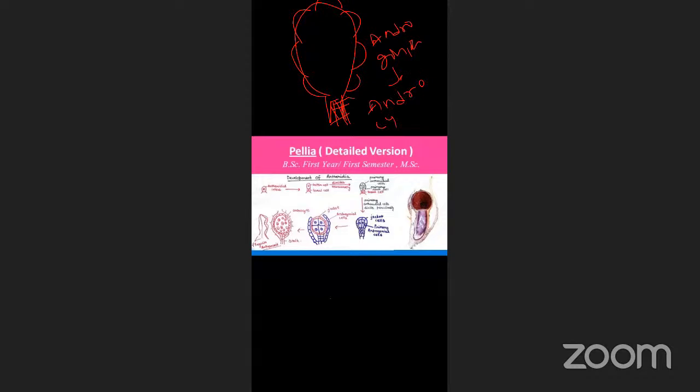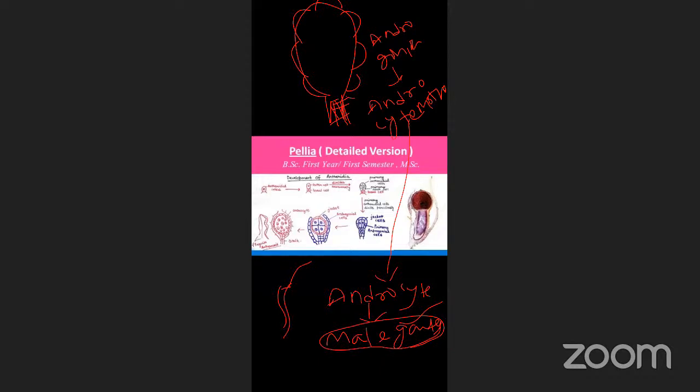Androcyte mother cell, then androcytes. Now these androcytes develop into male gametes. Especially biflagellate antherozoids, or male gametes, are developed.